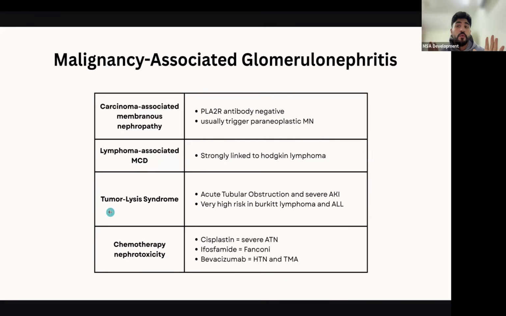Now, this one is really important, the tumor lysis syndrome. Usually we have patients who have very progressive and very severe tumors, like Burkitt lymphoma, acute lymphoblastic leukemia. And then we give them a medication just to shrink the tumor. And sometimes when you give these medications so that it breaks the tumor, lyses it down, what's going to happen?